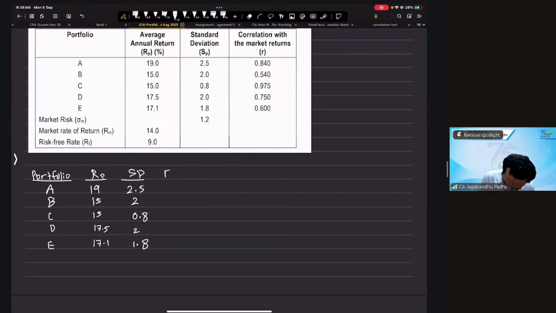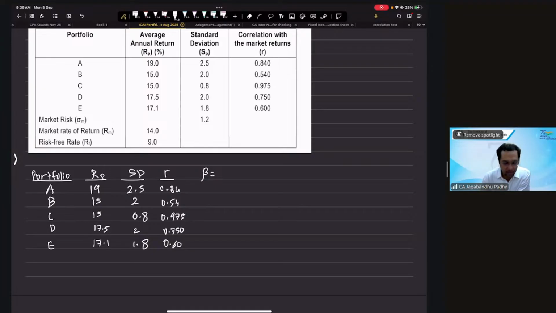We have the correlation with market: 0.84, 0.54, 0.975, 0.750, and 0.6.